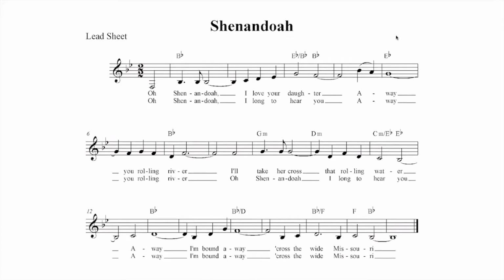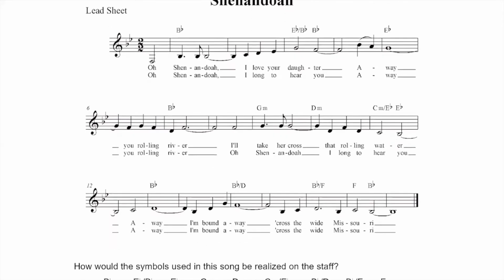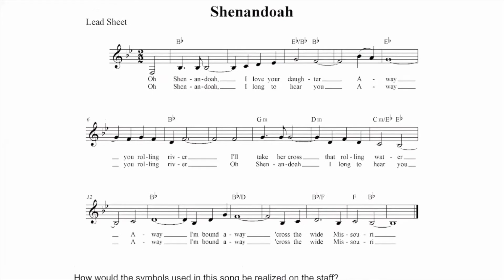And I've chosen it because it has a number of different chord symbols, chords in root position, as well as those in inversion. So if we take a look at that, you can see certain chords that use the slash notation.